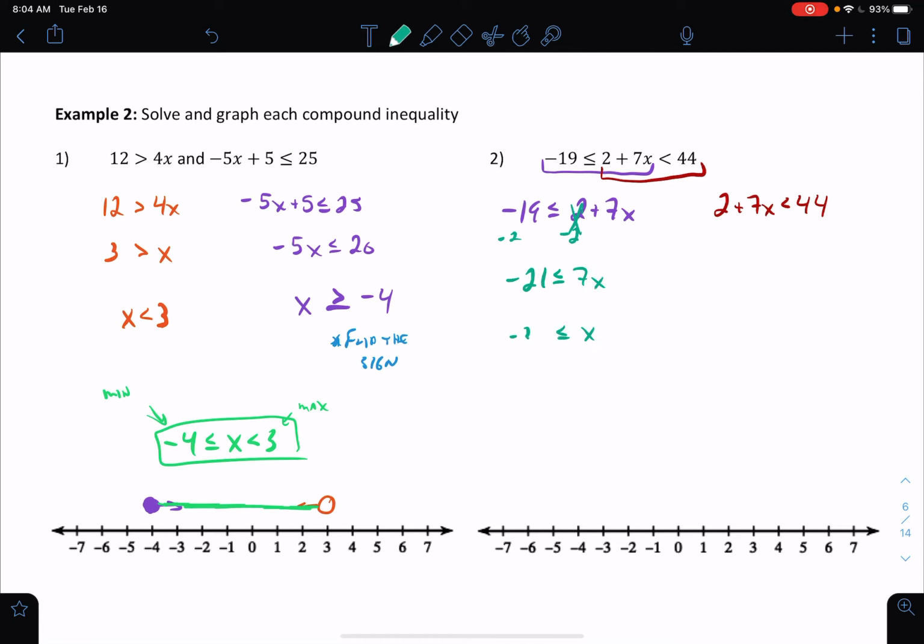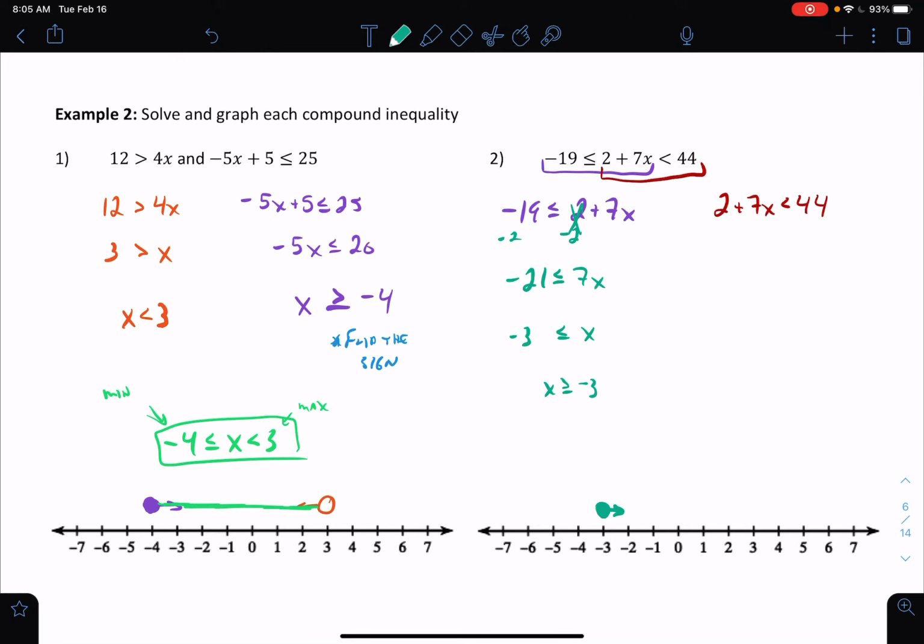So I get negative 3 less than or equal to x. Or you could say x is greater than or equal to negative 3. Either way. So I've got a solid dot at negative 3. X is greater than or equal to, so that's shading off to the right.